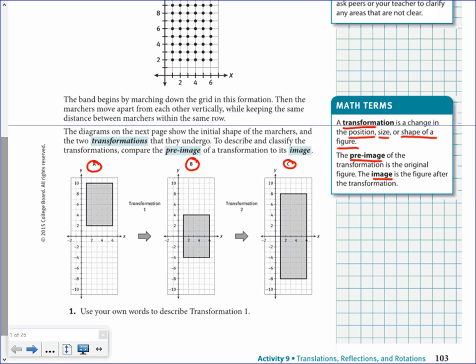Now, some of you may know translations, or a slide, reflection, where you flip it, rotation, where you turn it. Those are all things that we'll be looking at. Some of you may have heard of a dilation. We will look at those not in Activity 9, but those are some terms that you may have heard of in relation to a transformation in previous years.